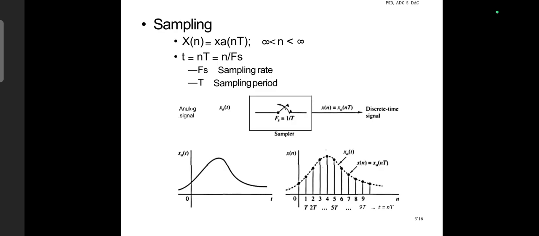If we take fewer samples, some information about the waveform may be lost. So therefore, selecting an appropriate sampling rate is very important in an ADC system. The objective is to obtain sufficient samples so that the original analog signal can be represented and subsequently reconstructed accurately.